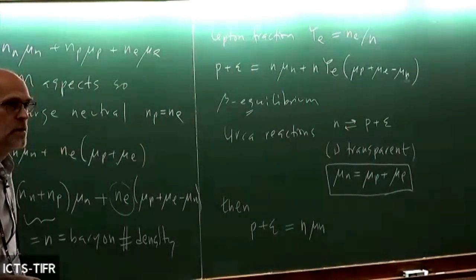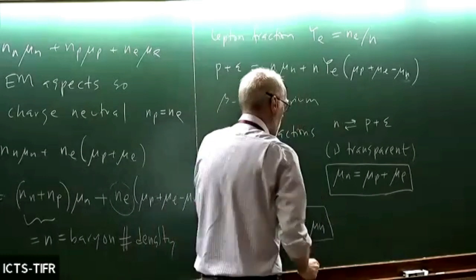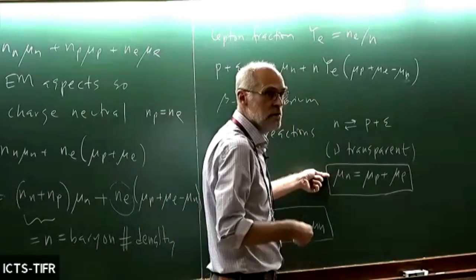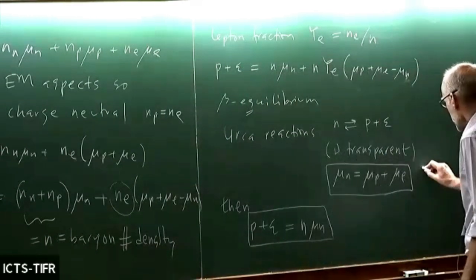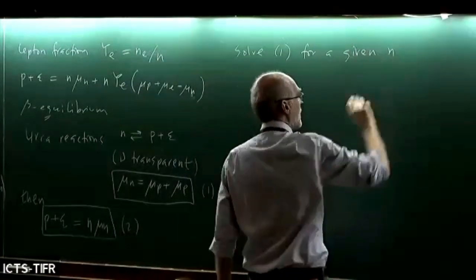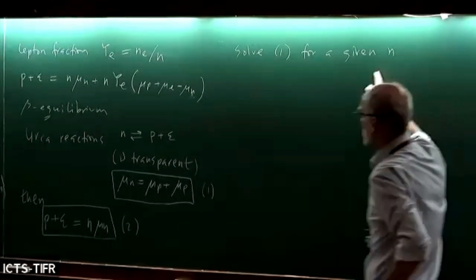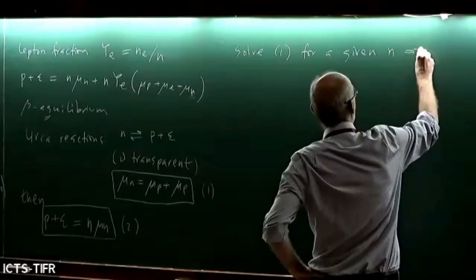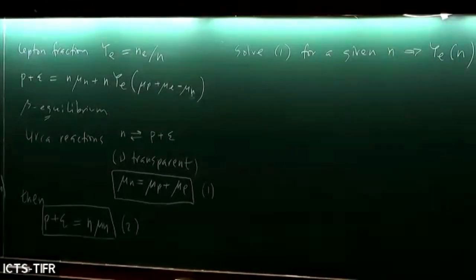Okay. And now you can imagine the following logic, right? I can solve this for any given density. So let's label them. I pick a number density, whatever I like. I solve that equilibrium condition, right? That tells me what this Y_e has to be at that density, right?